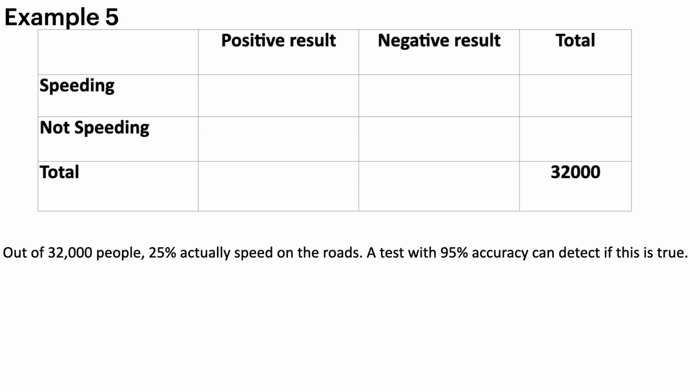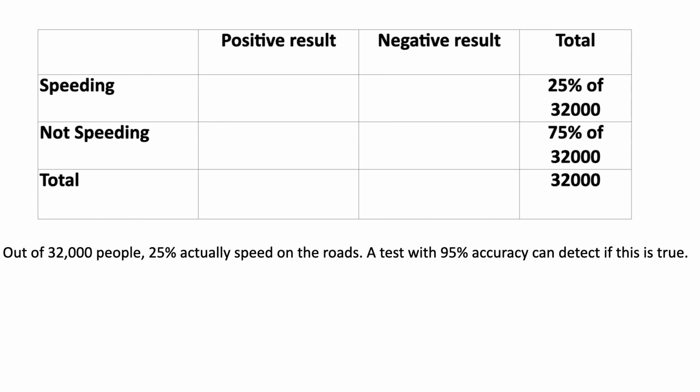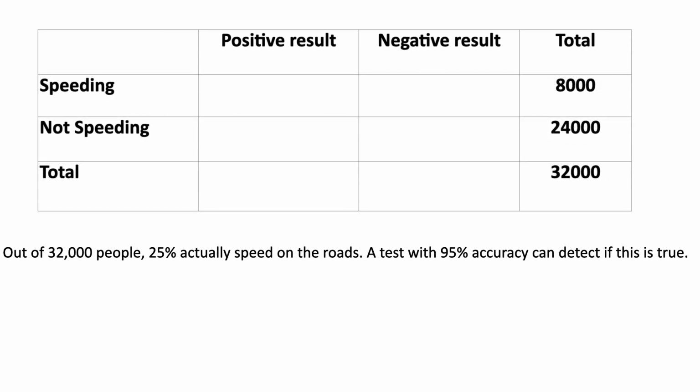Out of 32,000 people, 25% actually speed on the road. A test with 95% accuracy can test if this is true. So I can fill out the first column there. 25%, 75%. This is the way I always start these problems, by the way. Then we do the accuracy of the test, and then we can do the totals.